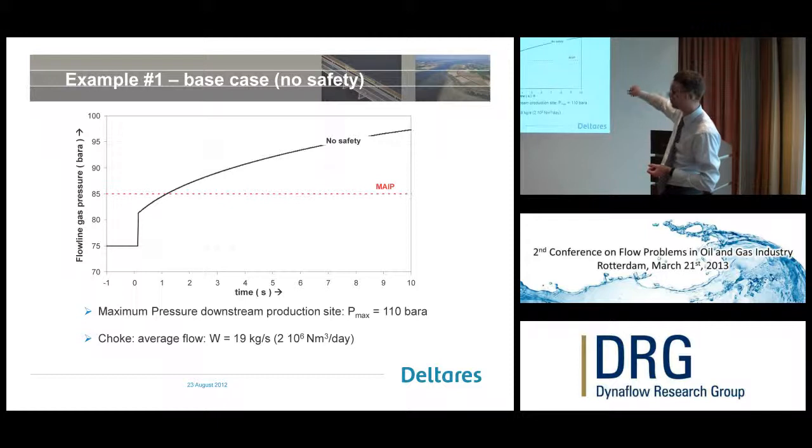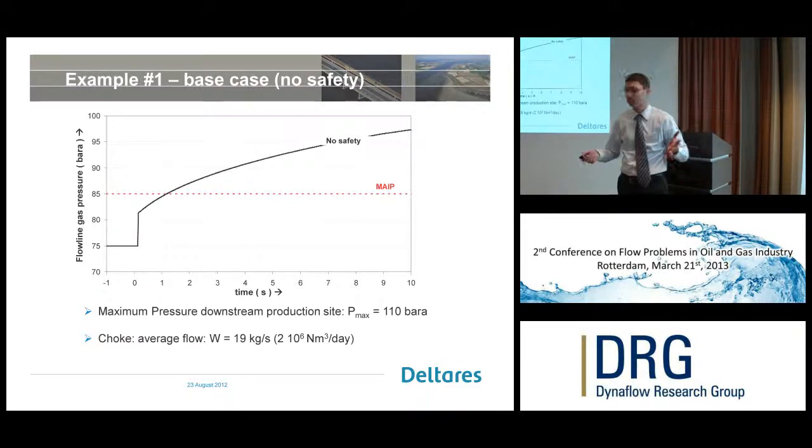So immediately it increases to about 82 bara, and then you've got a gradual increase of your pressure. Now, it's very obvious that after about 1.2 seconds, approx, the pressure at the flow line exceeds the maximum allowable pressure, so this is not good.